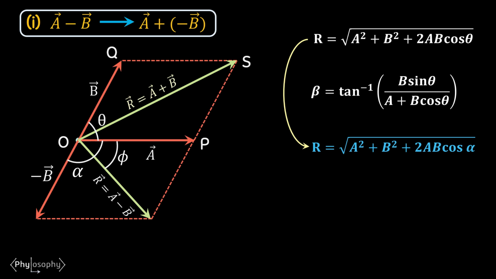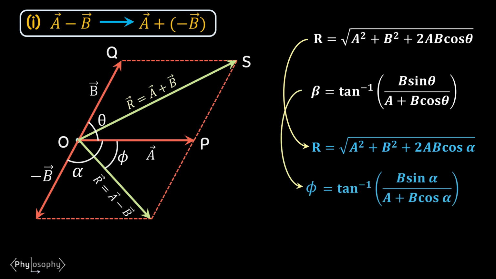Notice that here the angle theta is replaced by alpha, that is the angle between vector a and the vector minus b. And the direction of R will be given by phi equals tan inverse of b sin alpha over a plus b cos alpha.